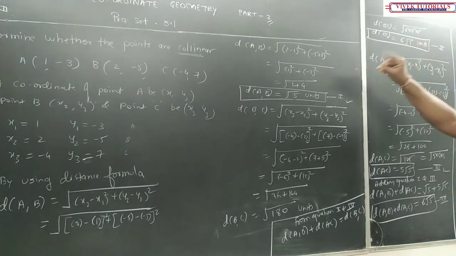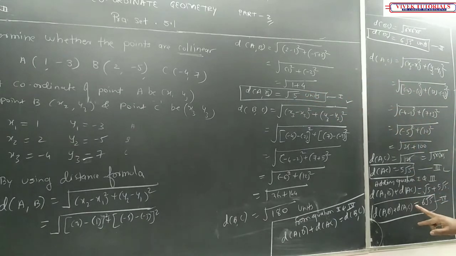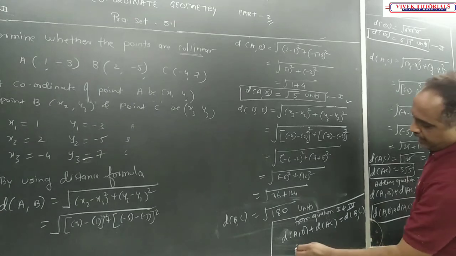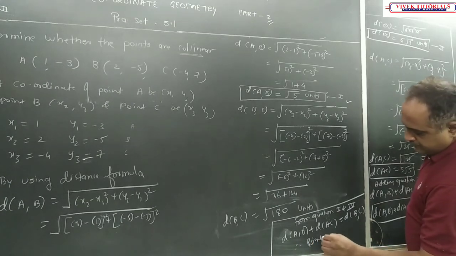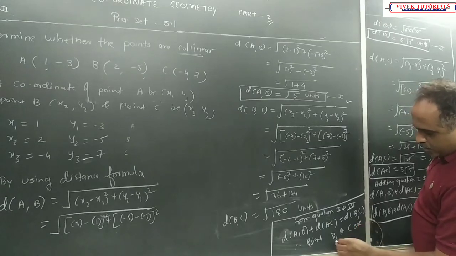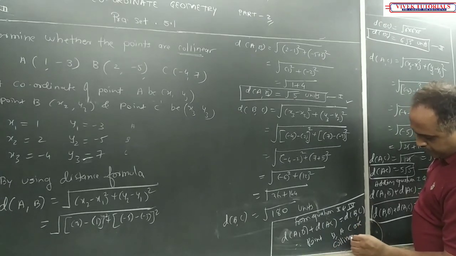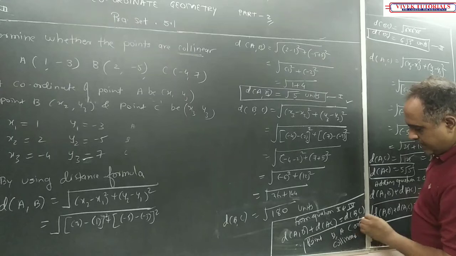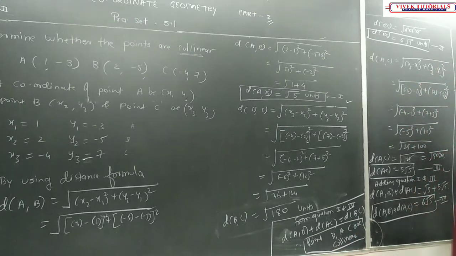Correct? Distance AB plus distance AC is equal to distance BC. Therefore, points B, A and C are collinear. If they are equal, then we write they are collinear. This way we are going to do the question.